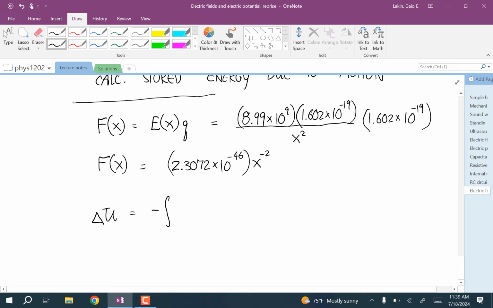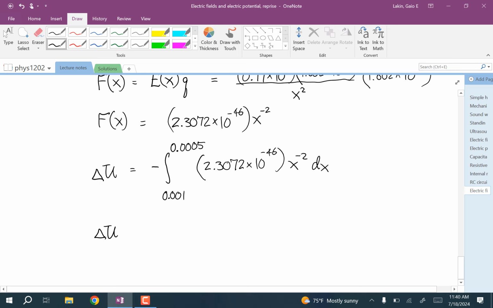And our force is 2.3072 times 10 to the minus 46 times x to the minus 2 power dx. Well, when you integrate this thing that's to the negative 2 power, you get negative constant times x to the negative 1 power. That's the exponent rule again.